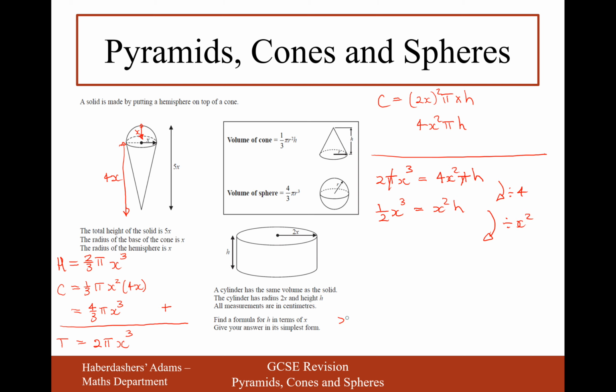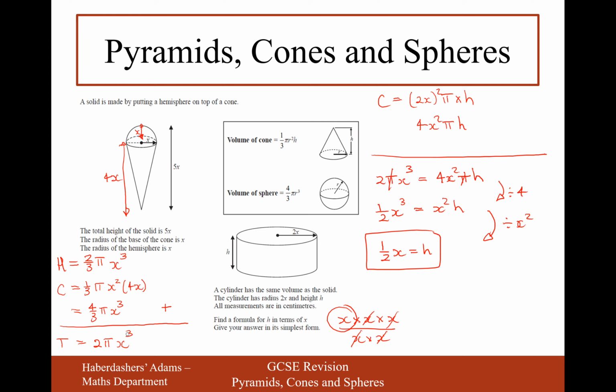Now remember, x cubed divided by x squared is x times x times x over x times x. So if we cancel out two x's from the top and bottom, we're left with just a single x. So it would be a half x equals h. And there we are, that's the answer to this question here.